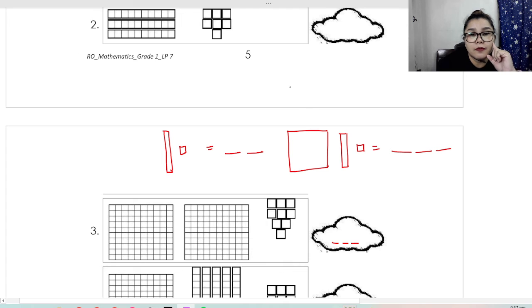And then, meron pa, if you see hundreds, if you see longs, but no ones, it means 3-digit pa rin siya. Kasi may hundreds na siya.